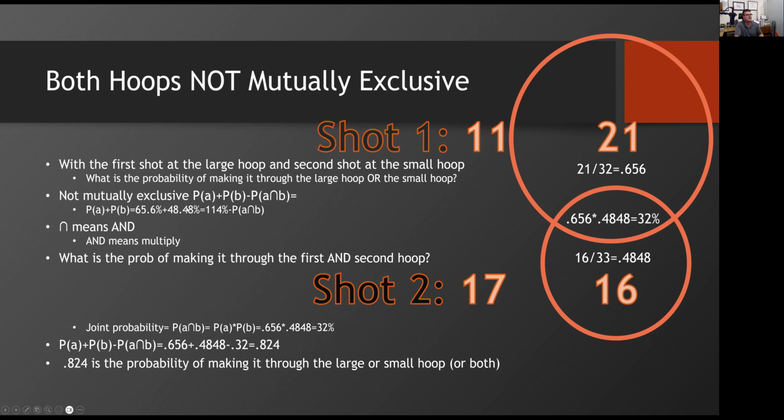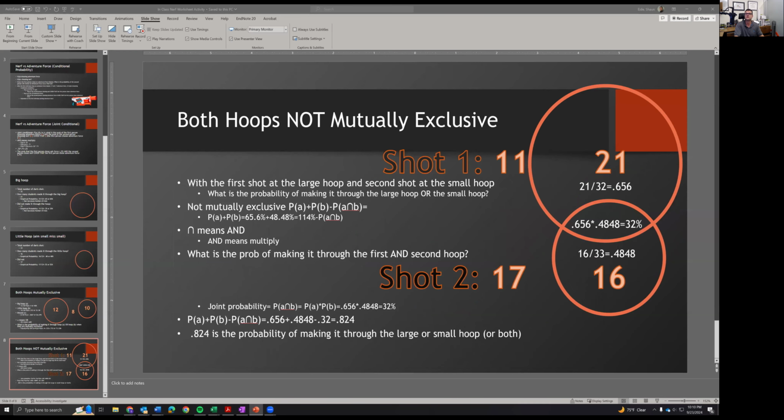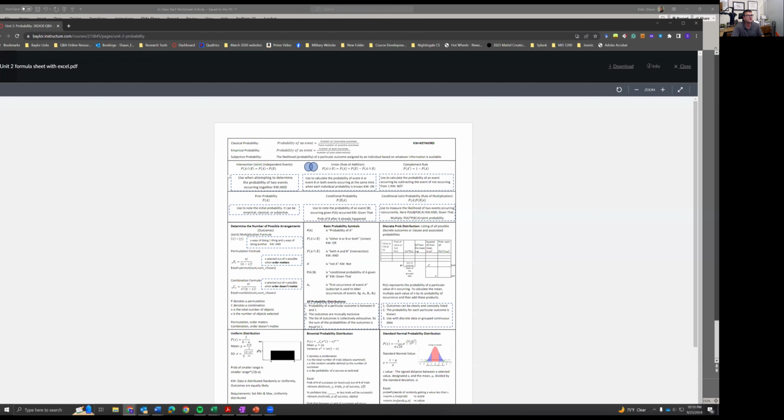It says the probability, when it's not mutually exclusive, we do the probability of A plus the probability of B minus the probability of A and B. And I'm going to once again show you the formula sheet because it is right here, the union, rule of addition.